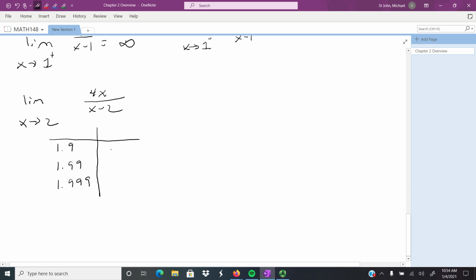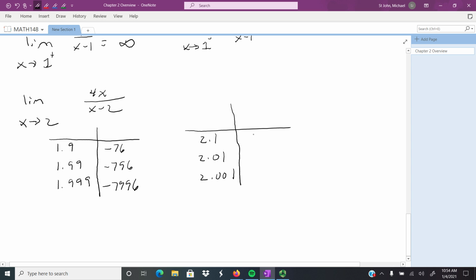So this comes out, the first one, negative 76, negative 796, and then negative 7996. We then make another chart with numbers that are bigger than 2, so 2.1, 2.01, and 2.001.